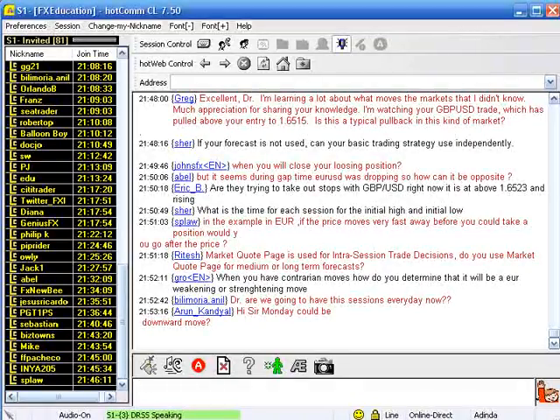Okay, when will you close your losing position? So I try to book profit in every position I take. I use the hedging order, and when I use the hedging order, either the original position or the hedged position should be making profit because the market cannot be static all the time.